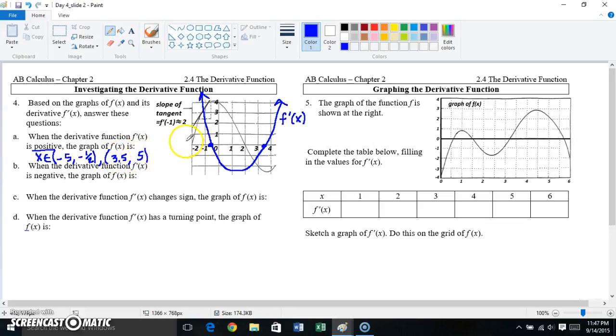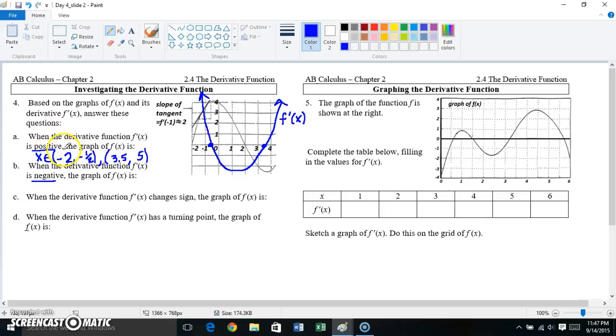Let me fix that: just looking at our graph, from -2 to -0.5 and from 3.5 to 5. When is the blue graph negative? Oh wait, let me come back. I didn't answer the question.